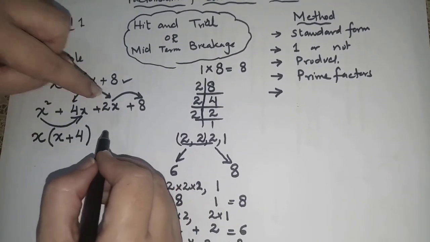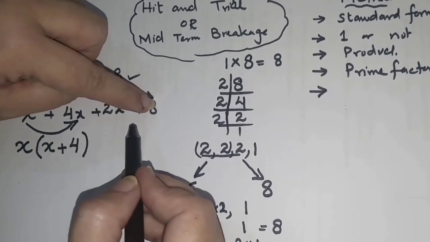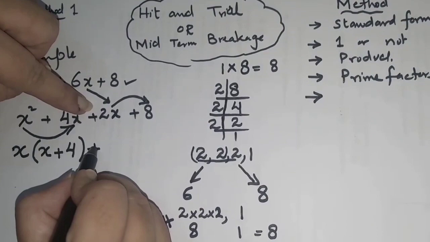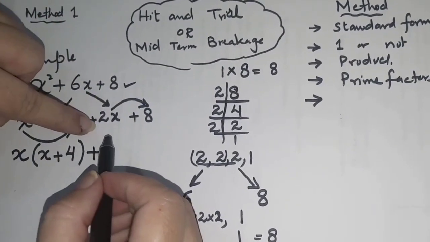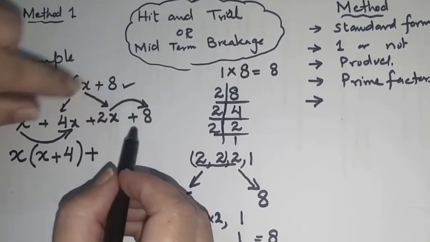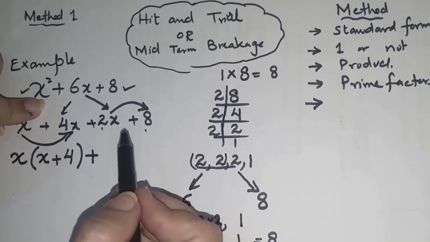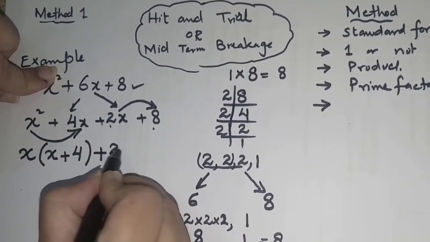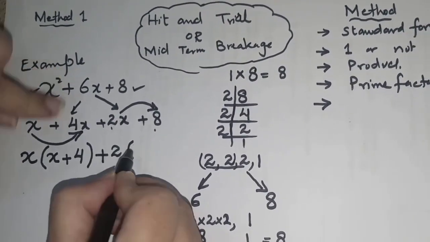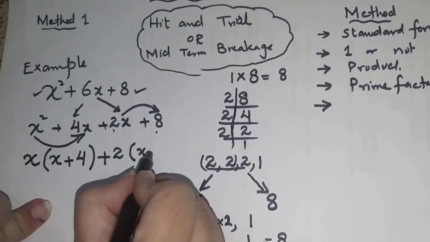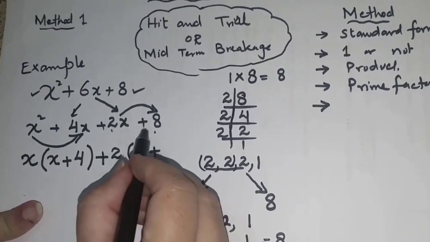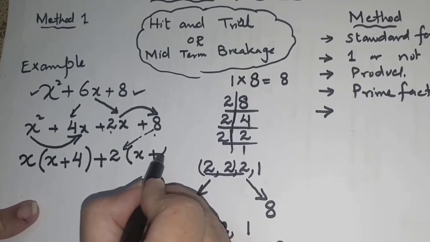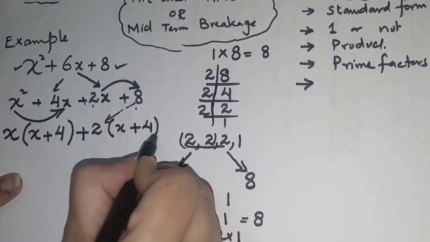Coming to the second group, I can see that both the terms have a positive sign, so I must take the positive sign out, and then we have to see the numbers 2 and 8. What can be common? 2 can be common here. When I take 2 out from the first term, I'm left with x, and then I copy the sign as it is, and from 8, 2 is taken out, and at this place I am left with 4.